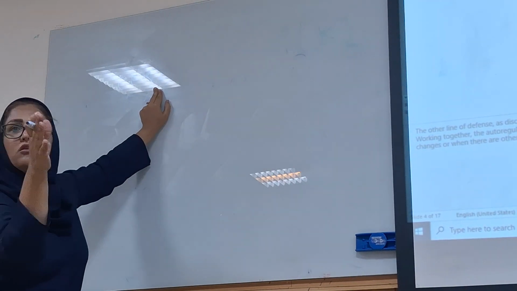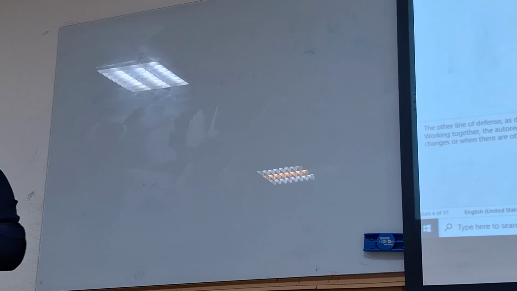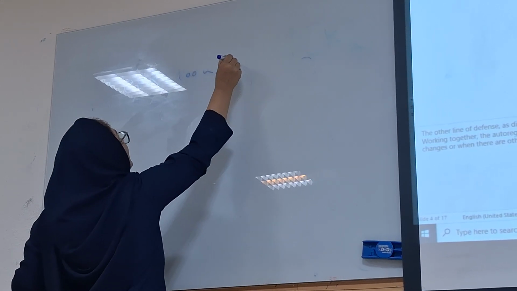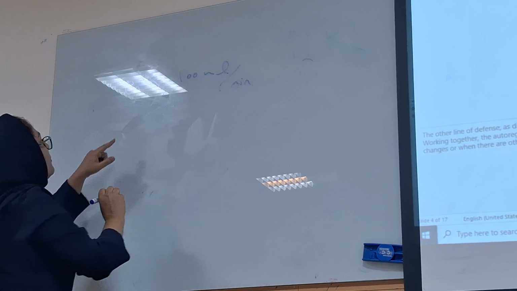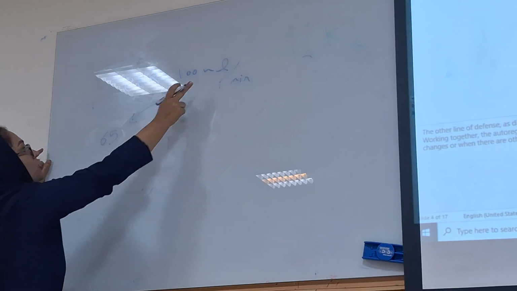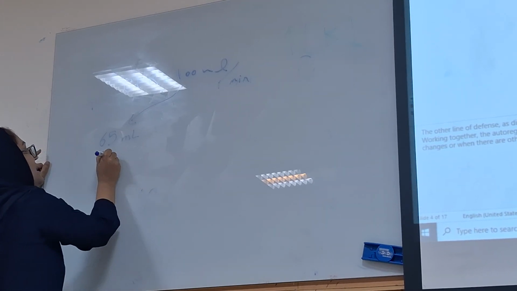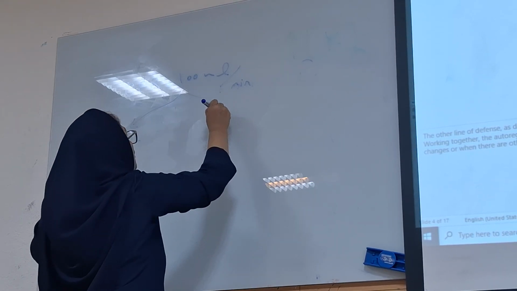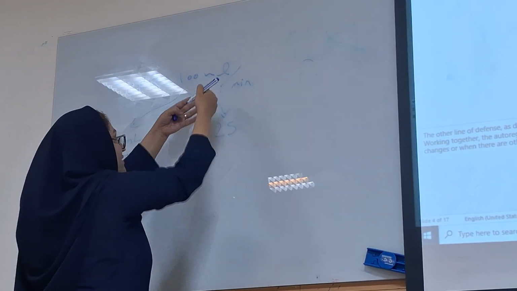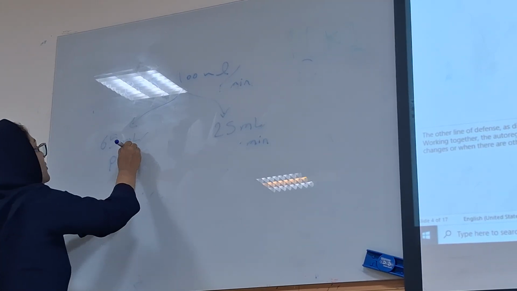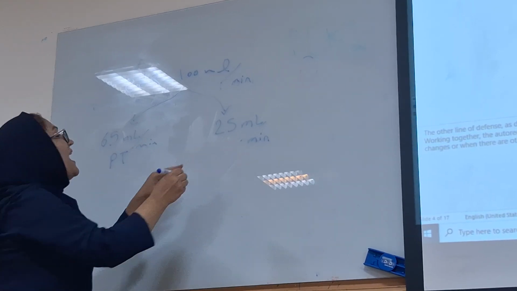Suppose GFR, just as an example. Normal GFR is 125, but for simplicity, I say GFR is 100 milliliter per minute. From this amount, 65%, here 65 milliliter, is reabsorbed in the proximal tubule. 25%, here 25 milliliter per minute, is reabsorbed in the thick ascending limb.